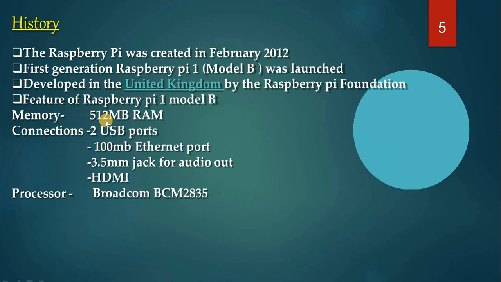Its memory is about 512 MB RAM. Connections: 2 USB ports with 100 MB Ethernet port, 3.5 mm jack for audio out, and HDMI. It contains a processor that is Broadcom BCM2835.